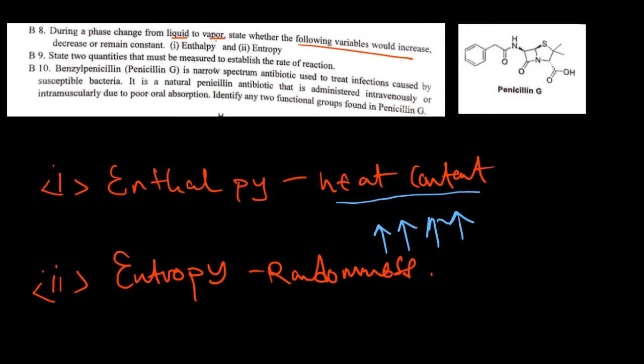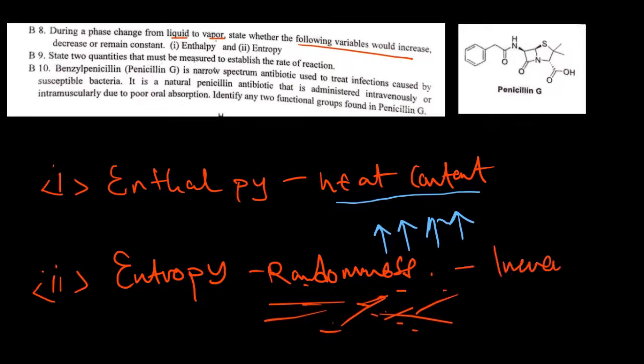Those particles will just be moving randomly like this, it moves like that, like that. So that will be disorder. So when you have a phase change from liquid to vapor, the entropy increases, and the enthalpy also increases. Any question on question number 8?